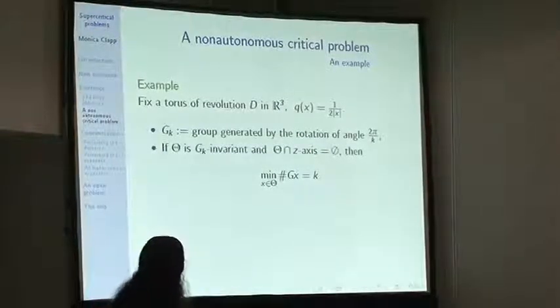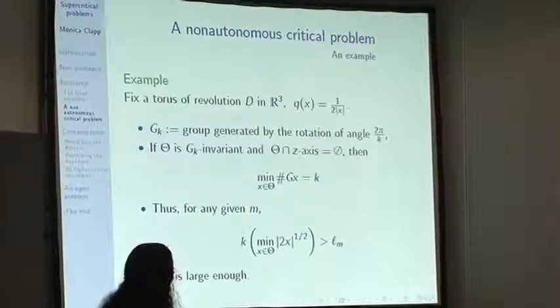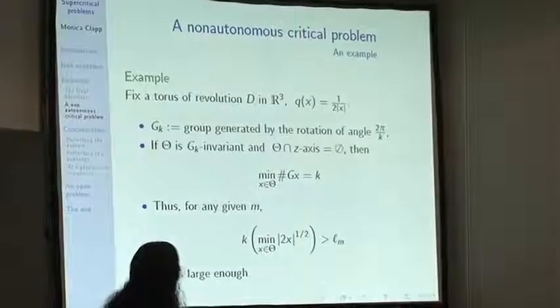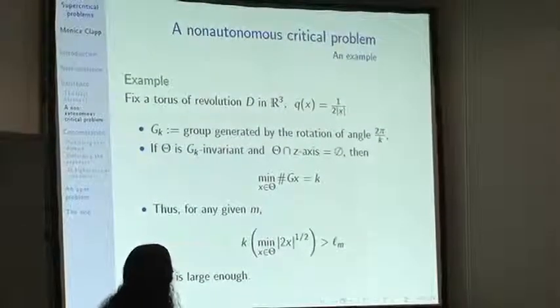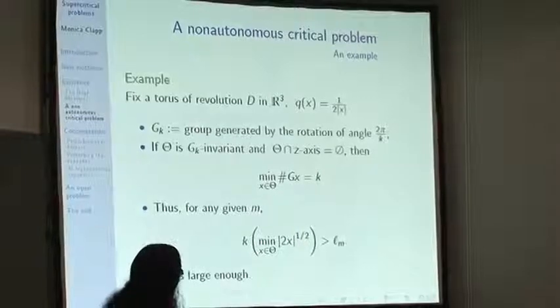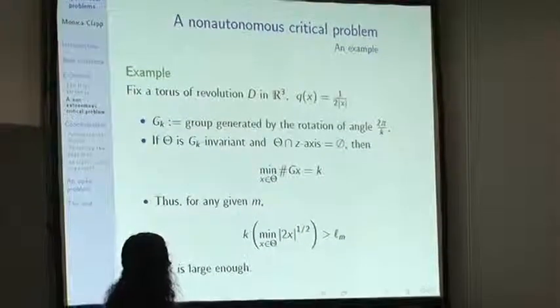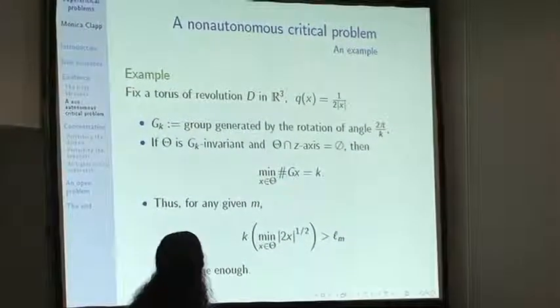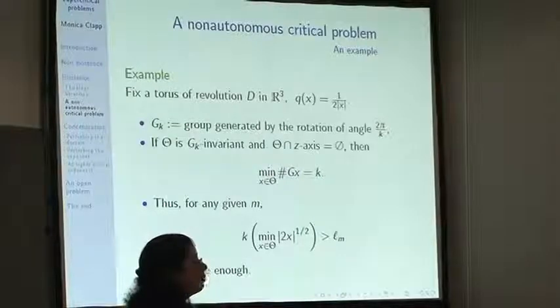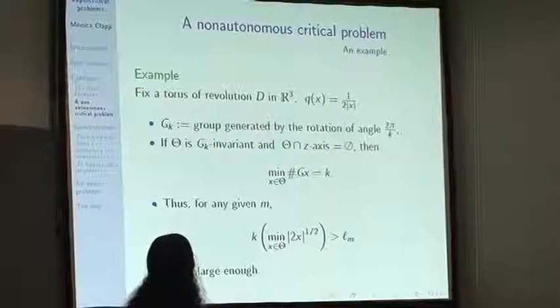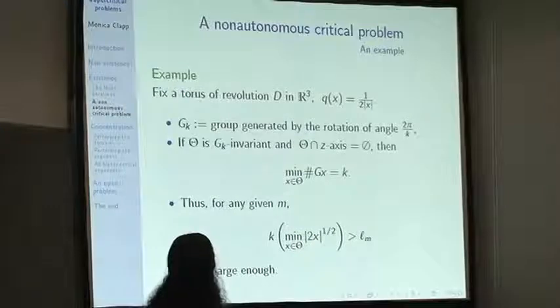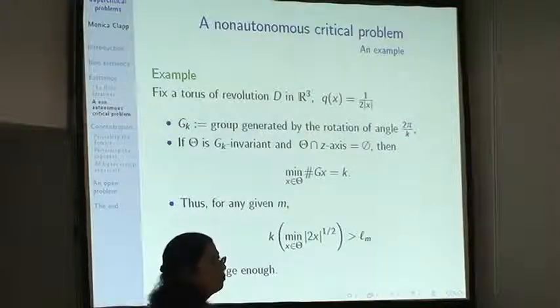So what does our inequality tell us? Then our inequality looks like this. If we restrict to domains whose distance to the z-axis is bounded below by some fixed constant, then what this inequality says is that for any given m, if k is large enough, we will have m solutions.